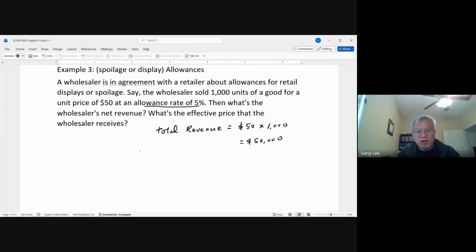So if the manufacturer or wholesaler issues the allowances, 5% of $50,000, so what is it? That will be 200. 10% means what?